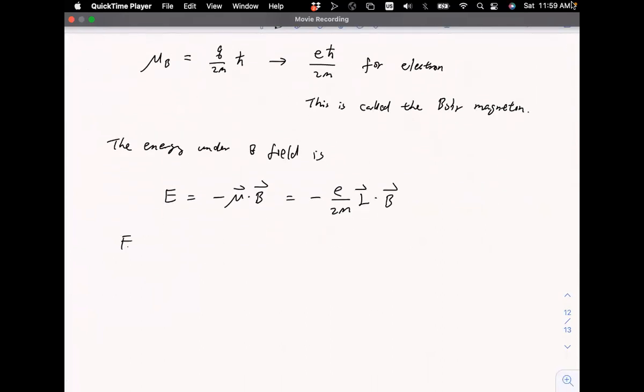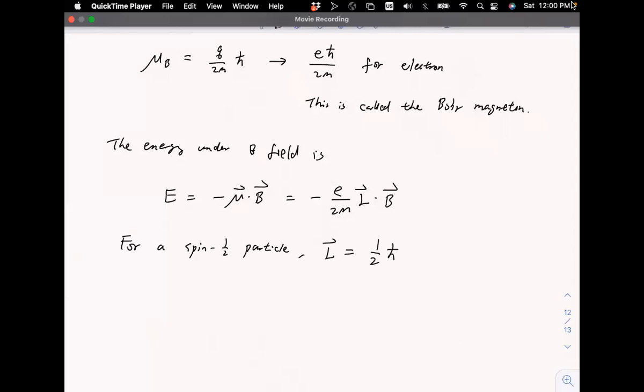So for a spin half particle, let's say the electron, the angular momentum is one half of h bar.